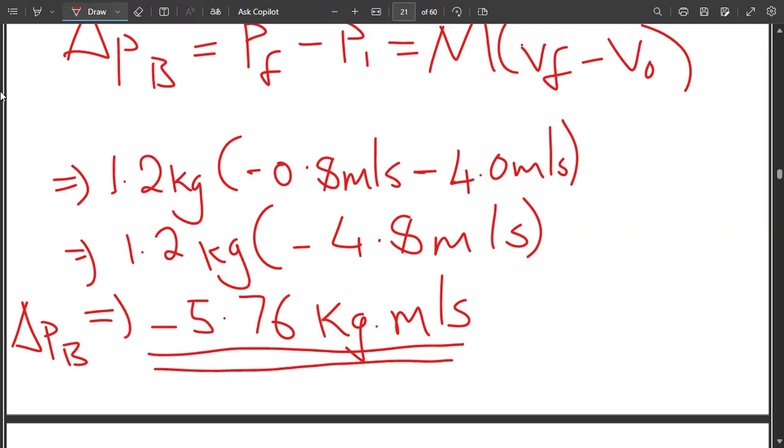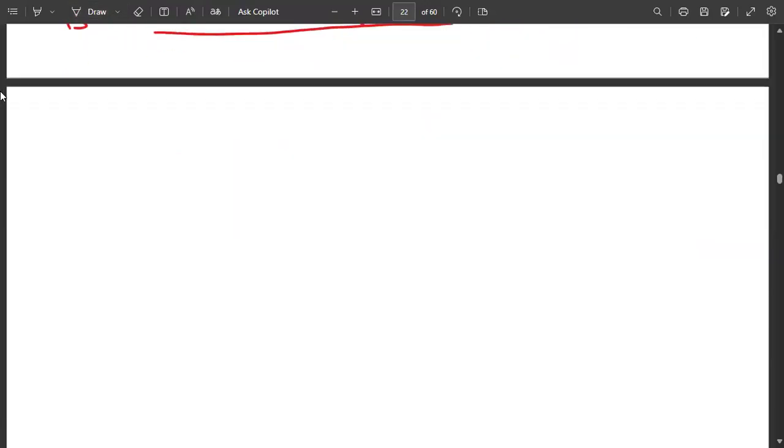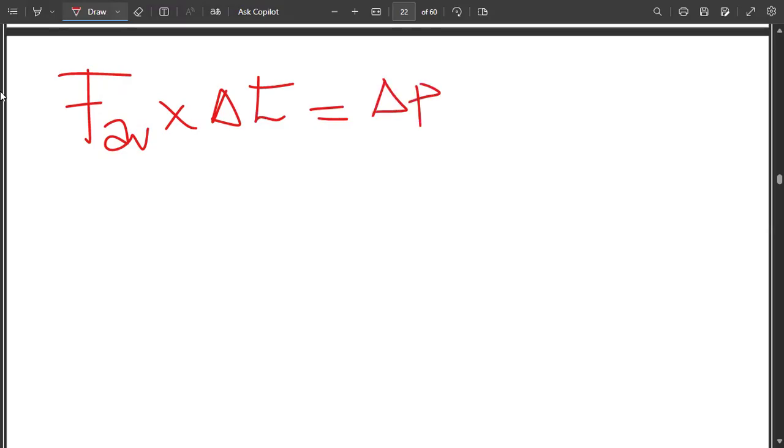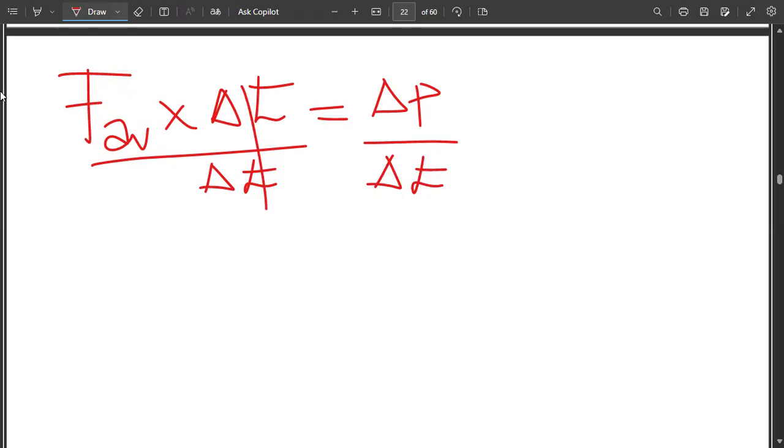Next we should calculate the magnitude of the force that is acting on B. We know that average force multiplied by change in time, which in this case is the time that the two objects are in contact, is equal to the change in momentum. So our average force is equal to the change in momentum divided by the change in time.